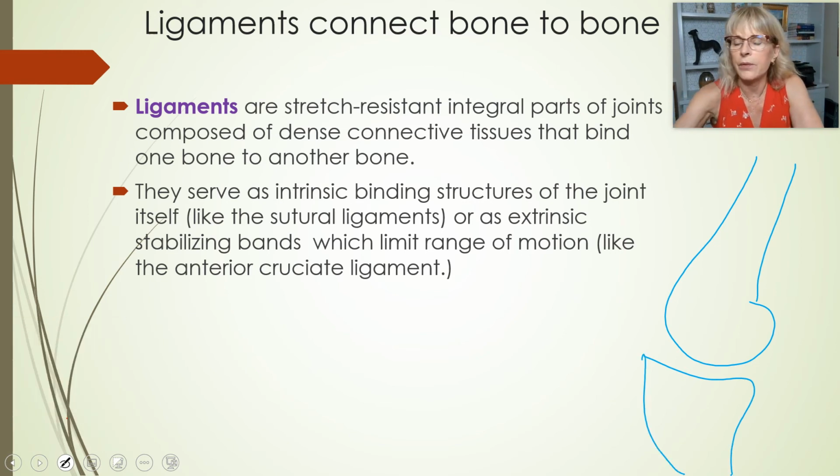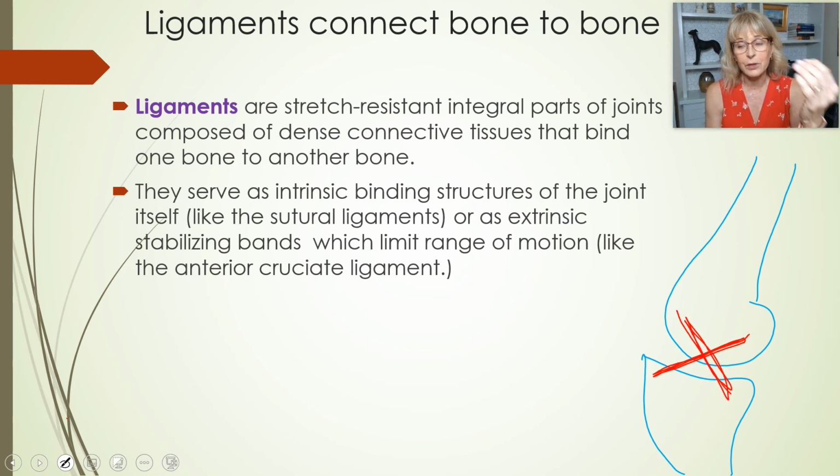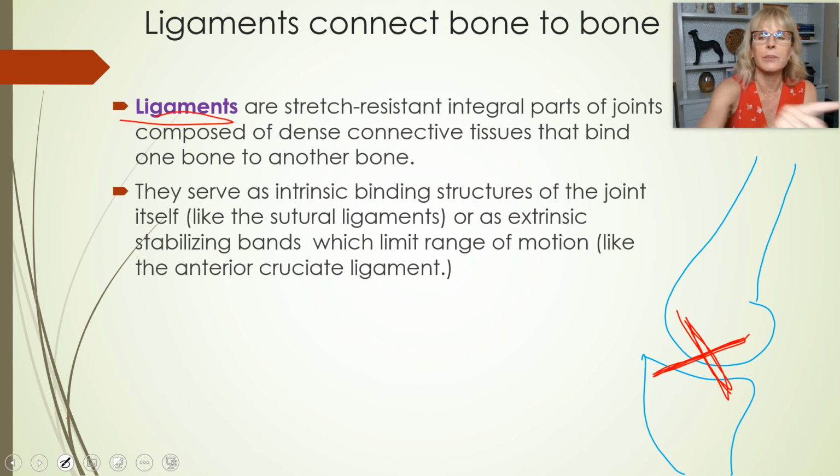Down inside of there, there is a ligament that attaches the back of the femur to the front of the tibia, and there's the one that attaches the front of the femur to the back of the tibia. Their job is to keep the bones from being able to go like that. Attaching one bone to another bone, ligament. On the sides of the knees, there are collateral ligaments.